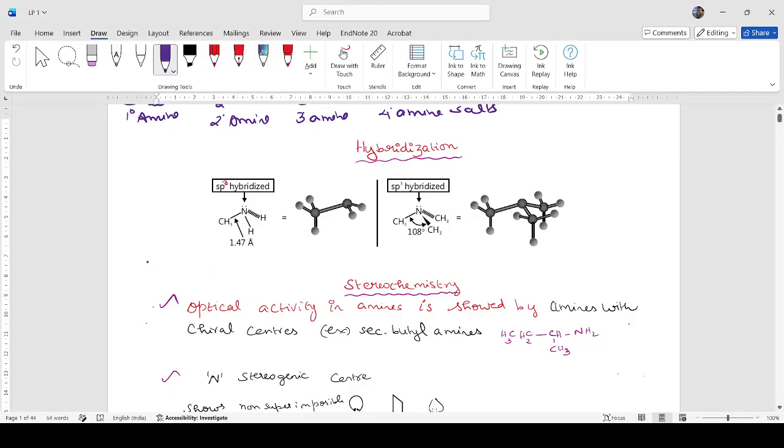So we are looking at methylamine. This is a common name; in the IUPAC name, I say methanamine. I can see this nitrogen is making 1, 2, 3 bonds, and along with the lone pair, 4 hybrid orbitals are required. Hence we call it sp3 hybridized.